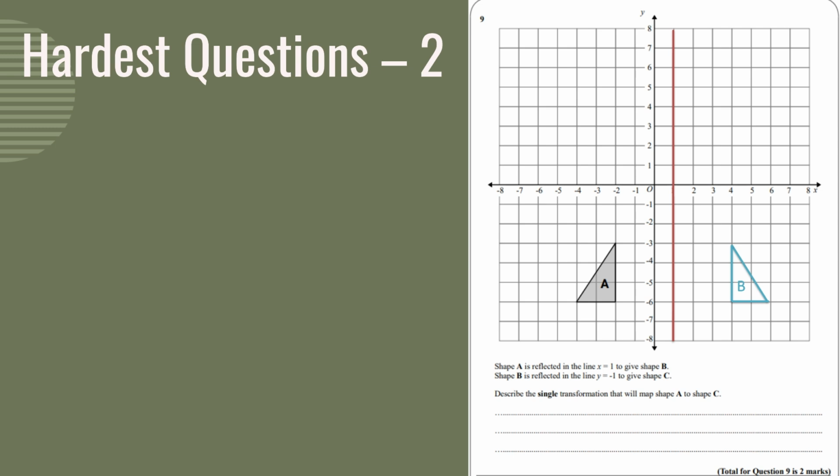We then draw in our line y = -1, which is this horizontal line. Draw the reflection here, and we get our triangle here. Now, we know our point is where the two lines intersect, and we know it's a scale factor of -1, which means it's a rotation of 180 degrees. So it's a rotation of 180 degrees around the point (1, -1).